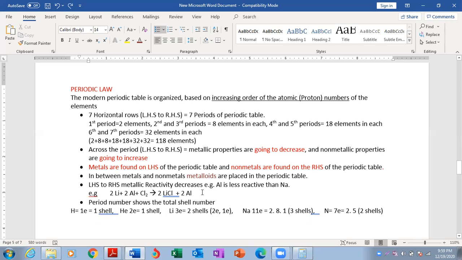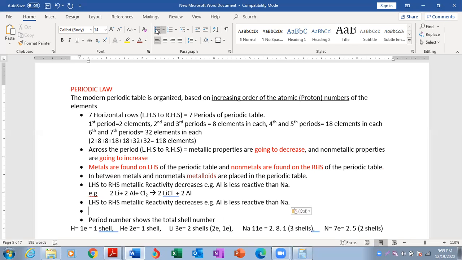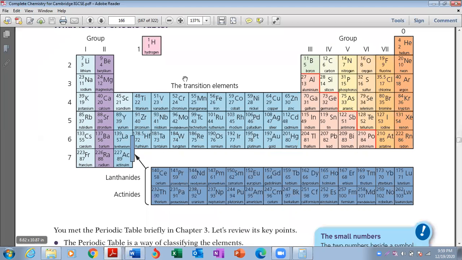I'm just going to mention here: from left hand side to right hand side, the non-metallic reactivity increases. Let's suppose I'm moving again towards this side.